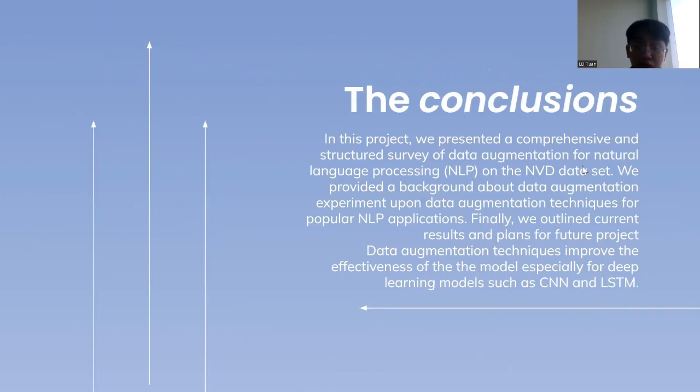So in conclusion, in this project we present a comprehensive structured survey of data augmentation techniques for natural language processing on the MVD dataset, especially the vulnerability descriptions. We also provide the background for data augmentation techniques for popular NLP applications. Finally, we outline the current results, plan, and suggest some new techniques for future projects.